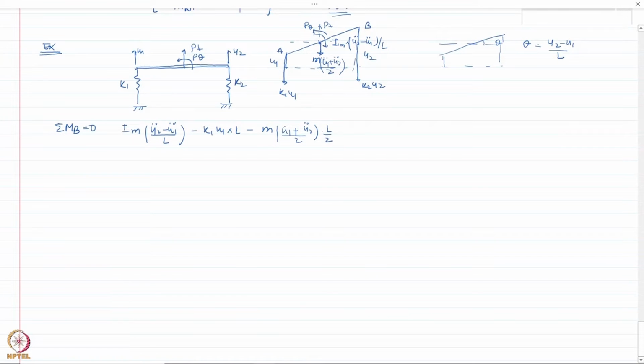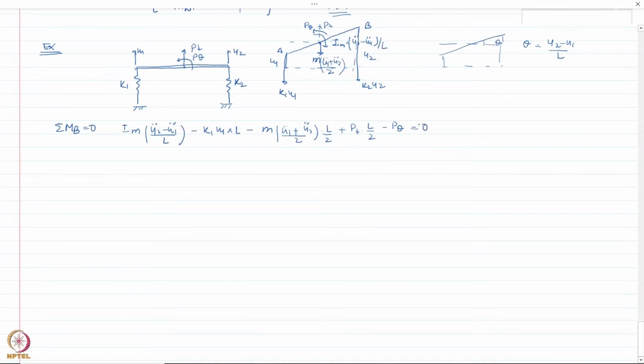Then I have force pt, which is creating a clockwise moment, so pt times L by 2, and then an anti-clockwise moment p theta, and that is equal to 0.